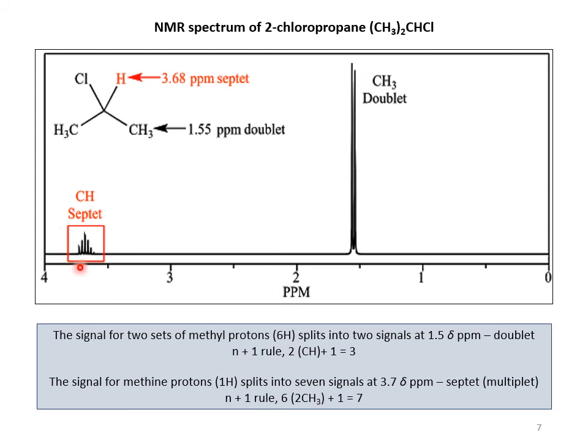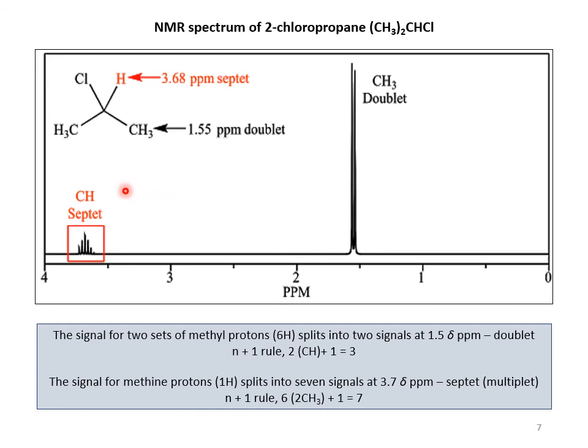And also you can see the difference in the chemical shift values. Since this proton is bonded to the carbon which has the electronegative atom chlorine, hence this proton is greatly de-shielded compared to these two sets of protons. Hence it has higher delta values than the methyl protons.